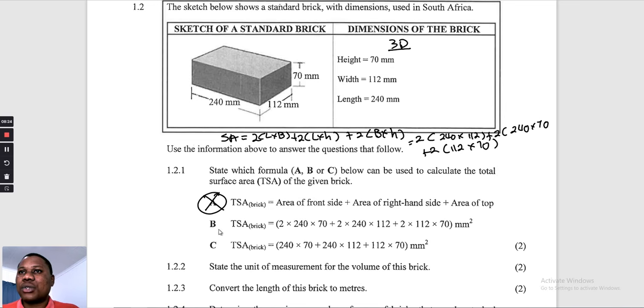Then let's go to number B. Number B says 2 multiplied by 240 multiplied by 7, and it says plus 2 multiplied by 240 multiplied by 112 plus 2 multiplied by 112 multiplied by 7.